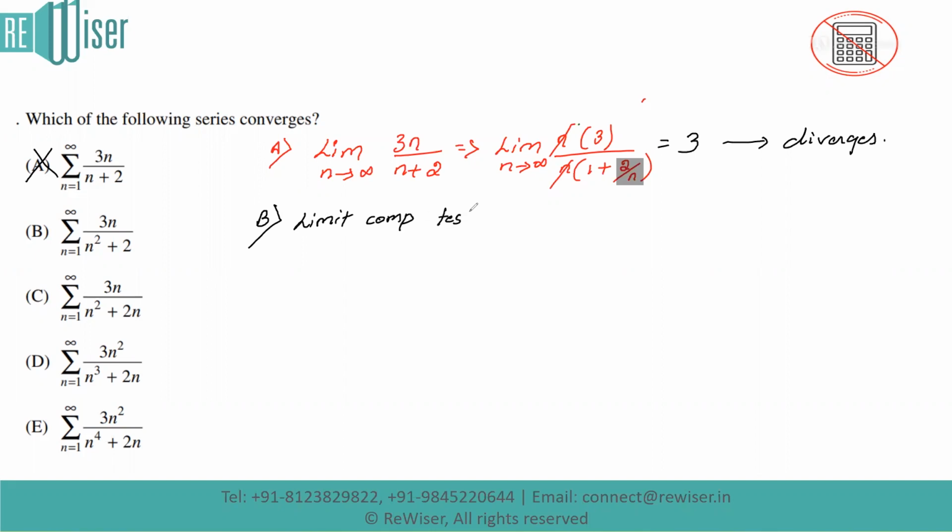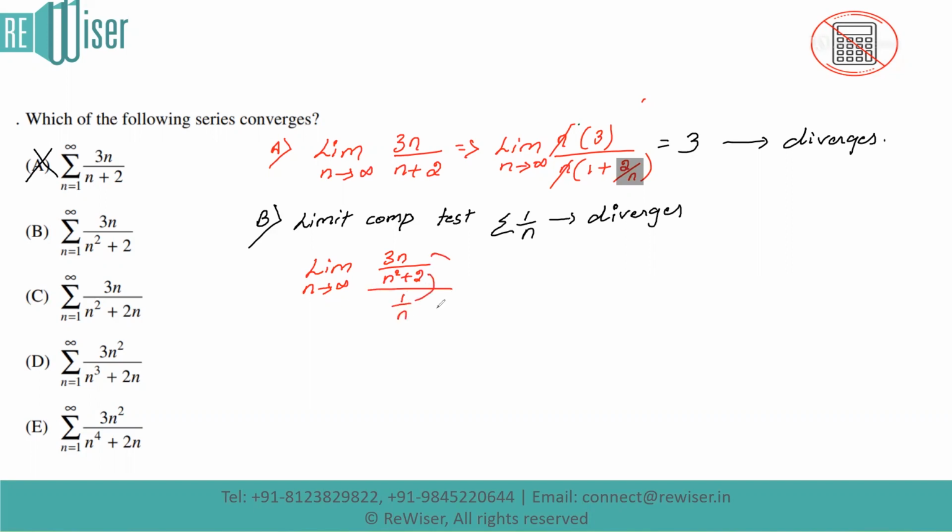I'm going to compare it with 1 over n, which we know is the harmonic series, so it diverges. In the limit comparison test, all we need to do is take the limit as n tends to infinity of whatever equation we have, divided by 1 over n.